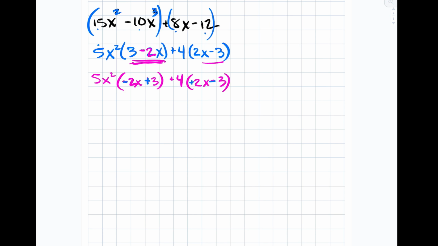There's a plus here, and there's a minus there. So what I can do is I can factor out a negative 1 on the outside here. So it's going to make this 5 become negative. And then this 2x becomes positive 2x, and that 3 becomes negative 3. Plus 4, 2x minus 3.